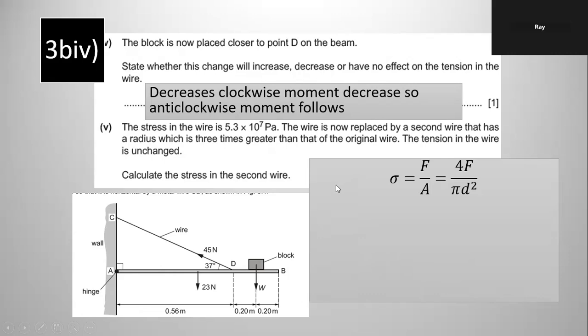What you want is stress, so look at the stress formula. Force over pi d squared over 4, the 4 goes to the top there. So what is constant? Force is the same. F is a constant. This is the original one, this is the new one.